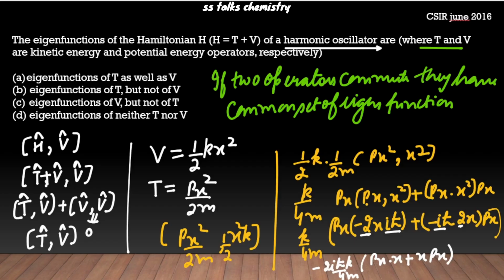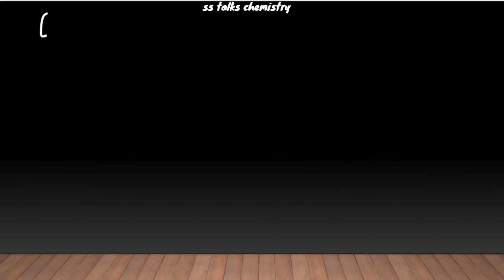These values are not equal to 0, which implies the commutator of the Hamiltonian with the potential energy is not equal to 0.